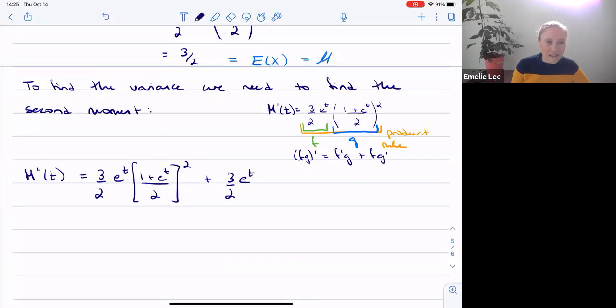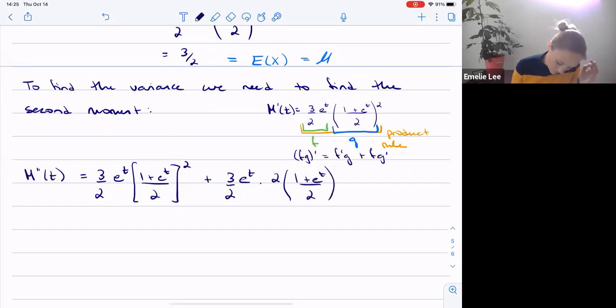And then times the derivative of the second. Now the derivative of the second requires another chain rule, right? And so the derivative of the second is 2 times (1 plus e to the t over 2) to the power of 1 times the derivative of the inside. I can pull out that 1/2 times 0 plus e to the t.